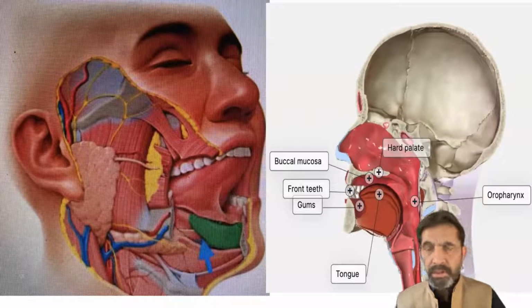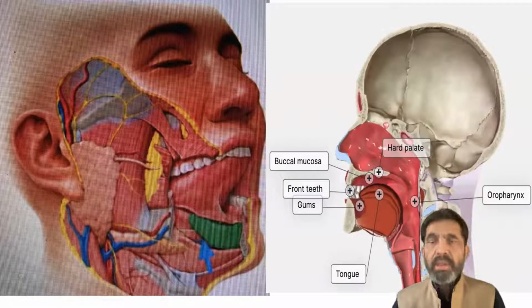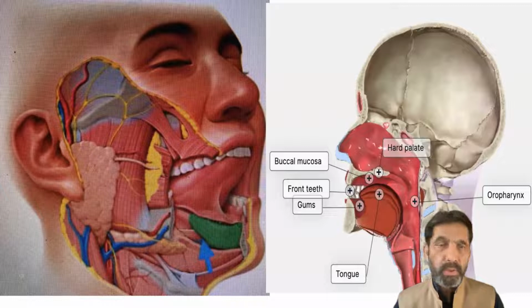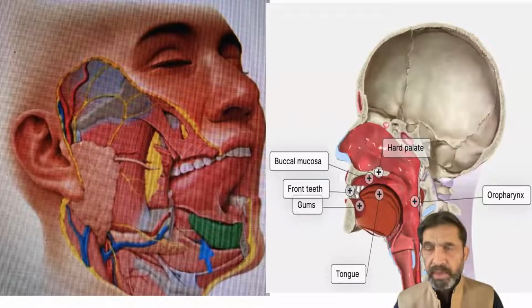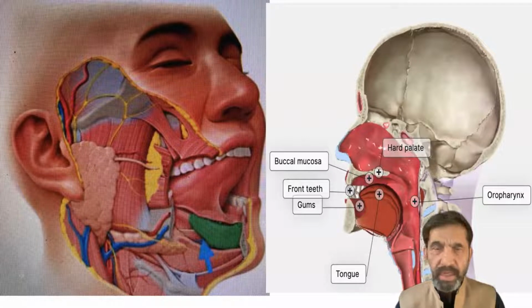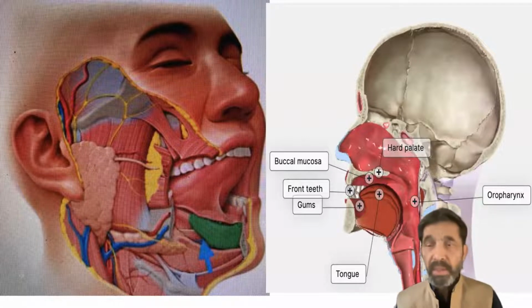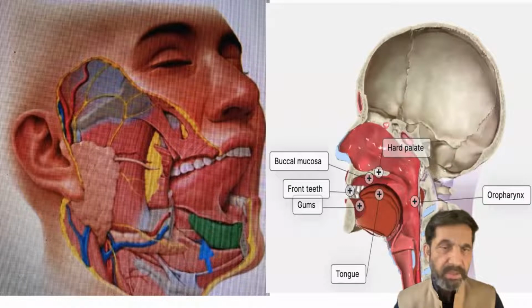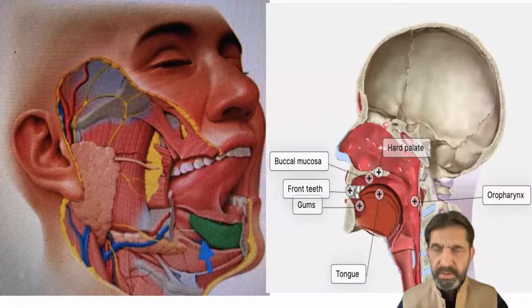All students know that we divide the salivary glands into two main groups. One is the major salivary glands. This is the parotid, the largest pair of the salivary glands, and this is the serous type.